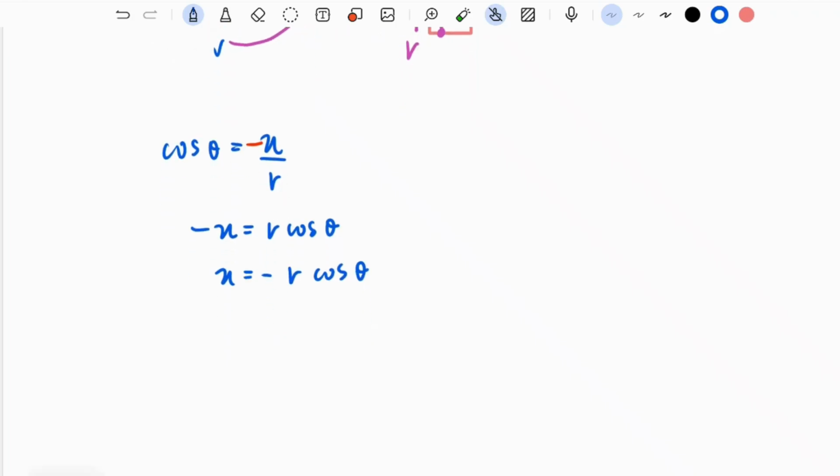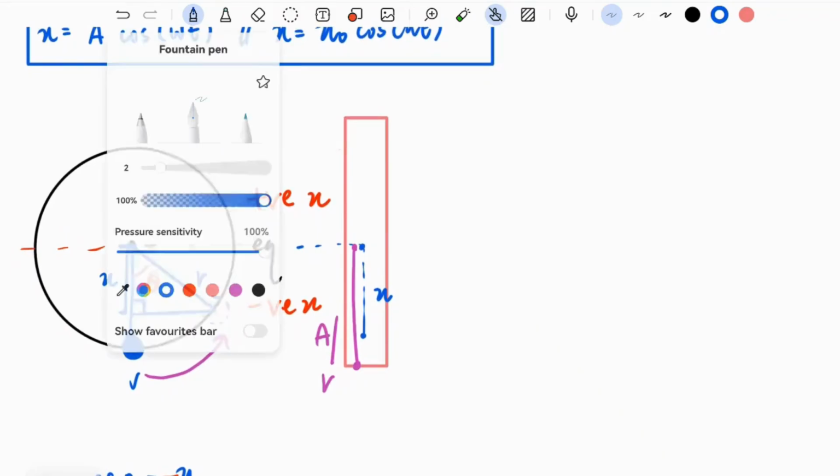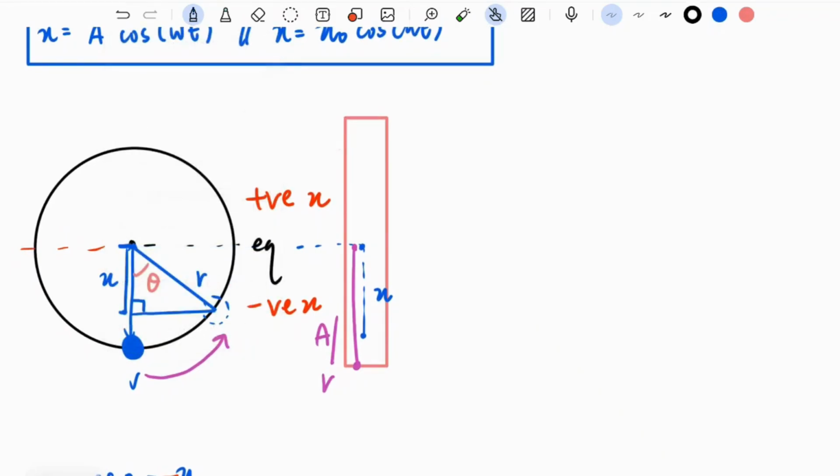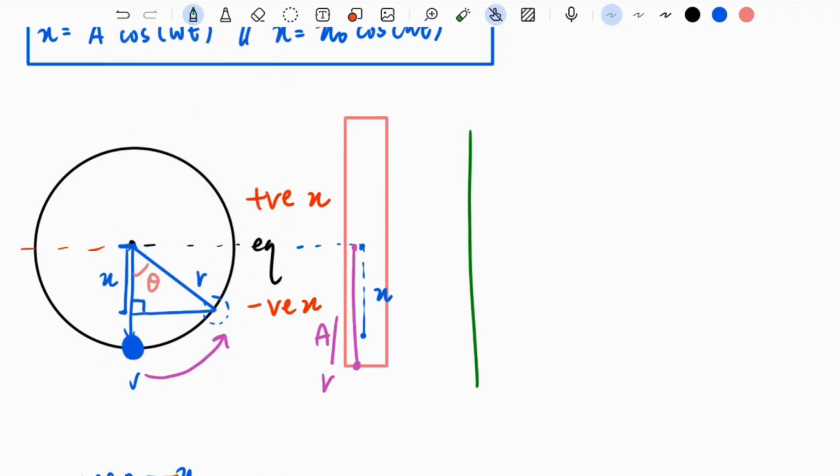So theta is omega t, and you'll get x equals negative r cos omega t. So how would our graph look? If I draw the graph, you would actually understand why it is negative. Okay, let's choose a different color. Let's do green. x against t.